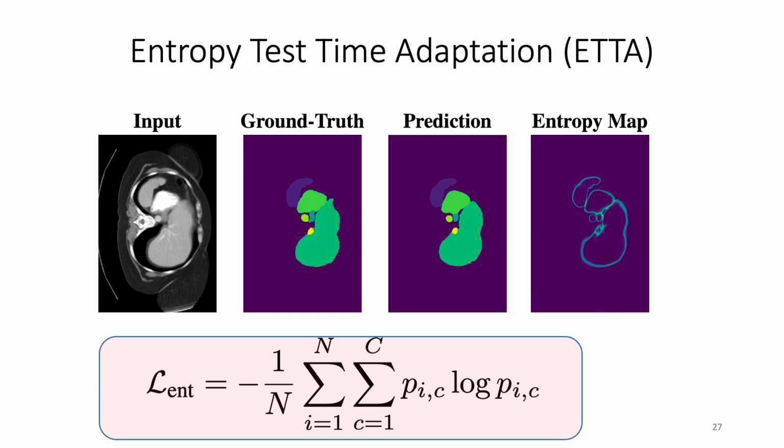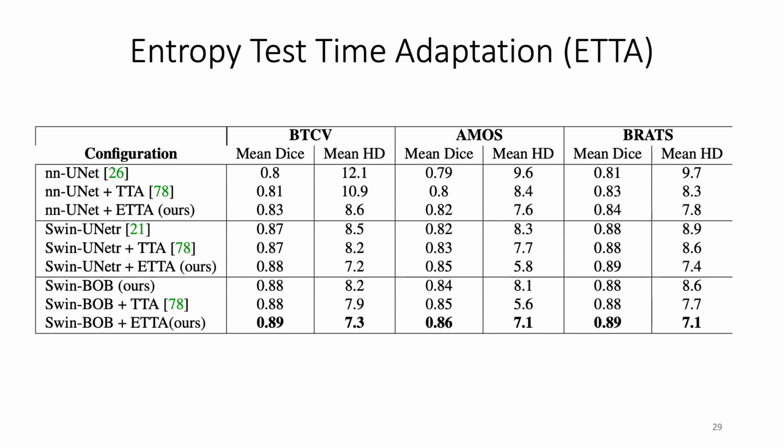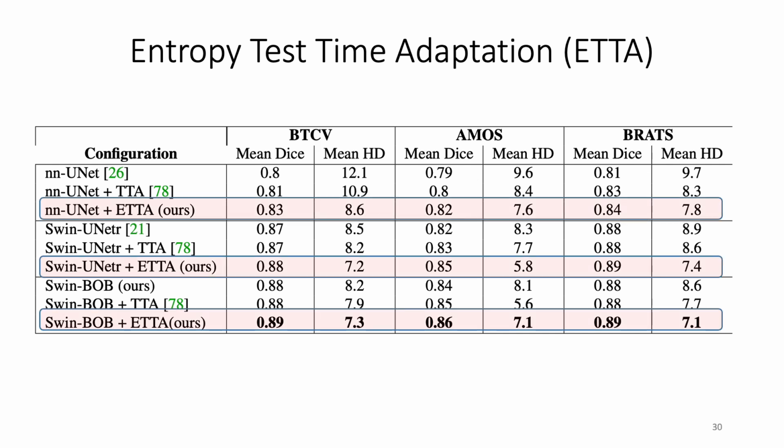Using the network prediction and the softmax probabilities of the network for each label, you can create these entropy maps, and these entropy maps can then be used to refine the batch norm layers of the network, and hence you can adapt the network for each test sample. This adds an extra boost to the performance of any network compared to another test time adaptation baseline across different datasets.